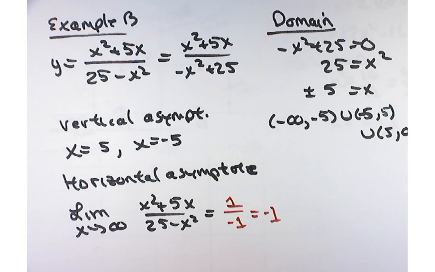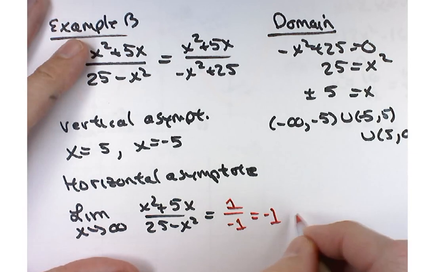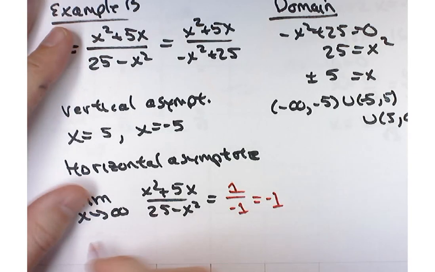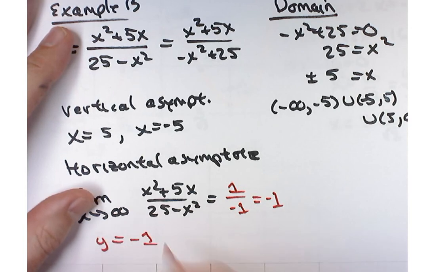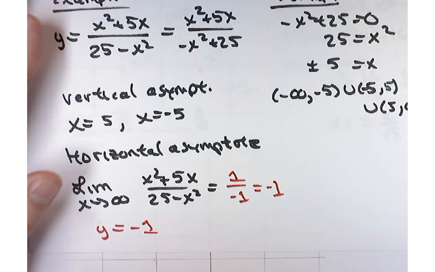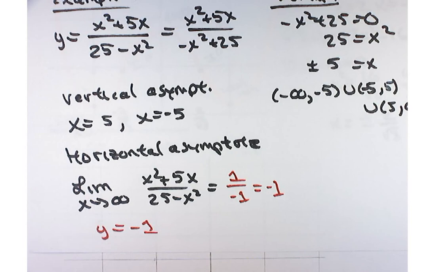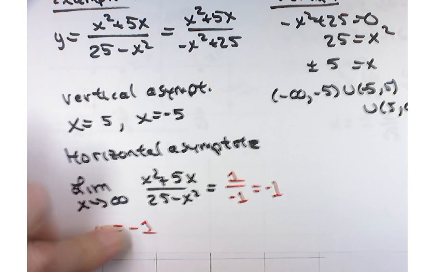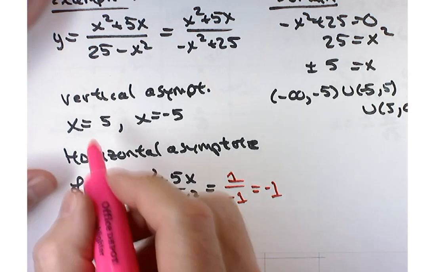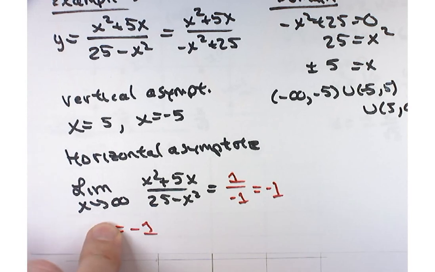Done. But please don't give me just this. Your horizontal asymptote is really y equals -1. So when you give me the equations for asymptotes, if you just give me -1, I'll probably mark it wrong. Not that I'm trying to be mean, it's just that you can't graph -1 by itself. You have to have an equation.